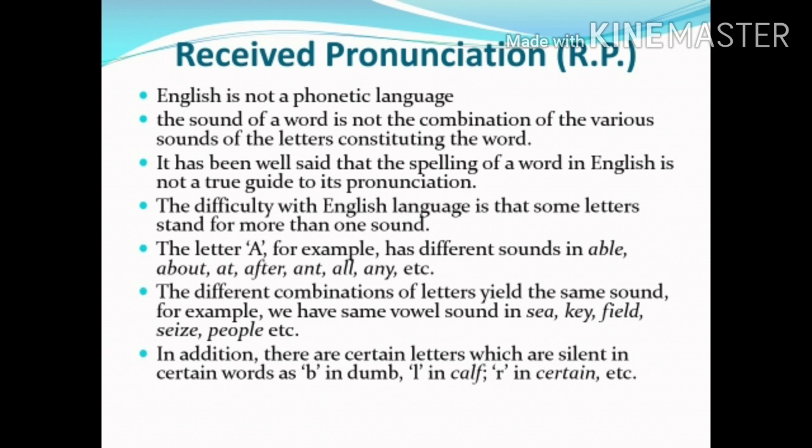Different combinations of letters yield the same sound in some words in English. We have the same vowel sound in words, for example, see, key, filled, size, people, etc. In addition, there are certain letters which are silent in certain words, such as the b sound in the word dumb, the l sound in the word calf, etc.